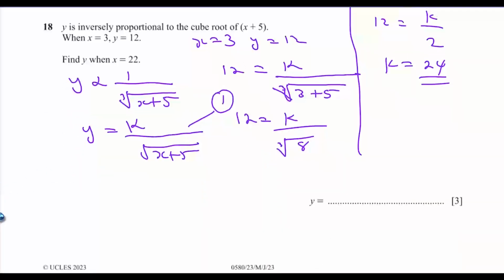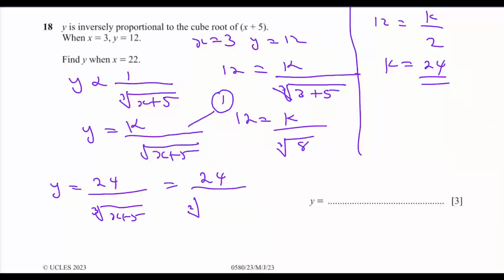So then we can now say that y is equal to, k is 24, we have 24 over the cube root of x plus 5. Now we need to find the value of y when x is equal to 22. So that means we can plug in the value of x here. So we have 24 out of, sorry, I omitted cube root here.